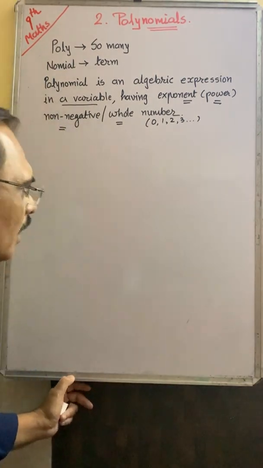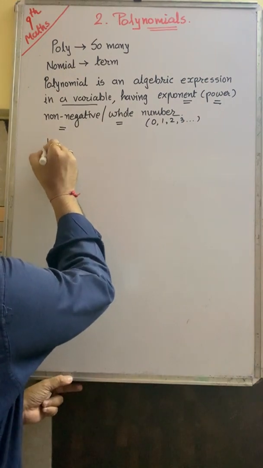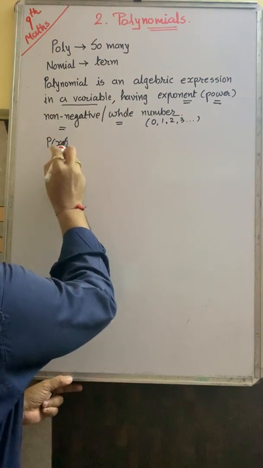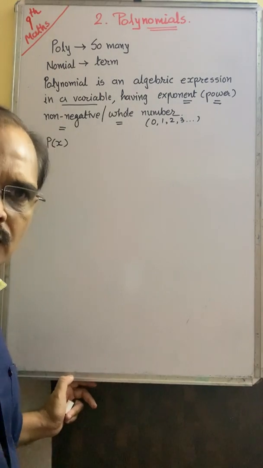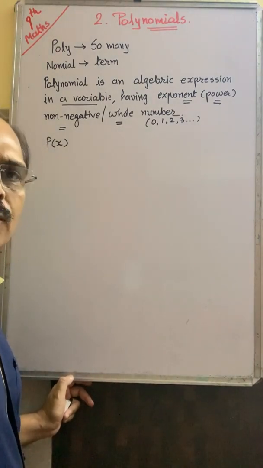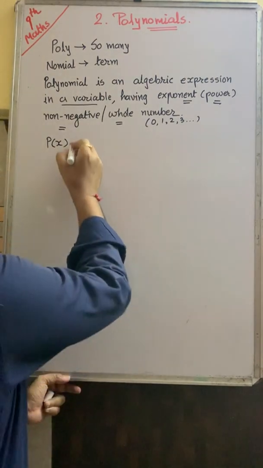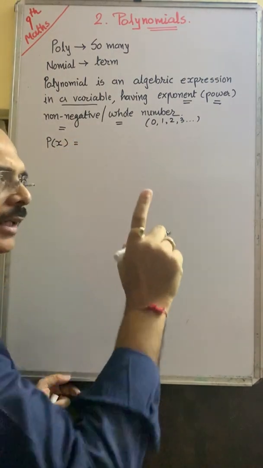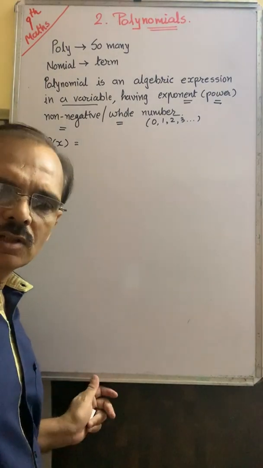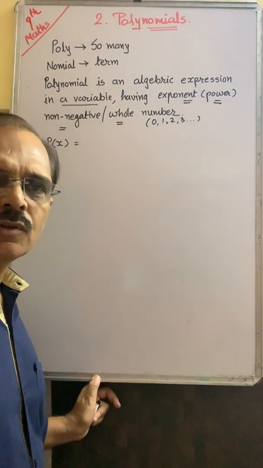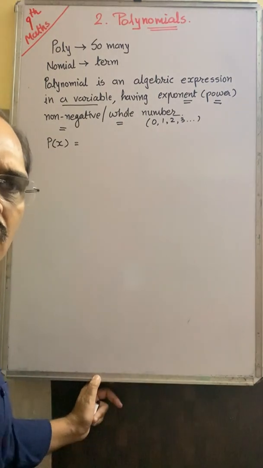Is it okay? As for example, it is denoted as polynomial over x, means variable here we use x. Polynomial p, polynomial over x. It is said like this. It can be written in the ascending order of power or a descending order of power, but generally in your textbook it is given in descending order of power.